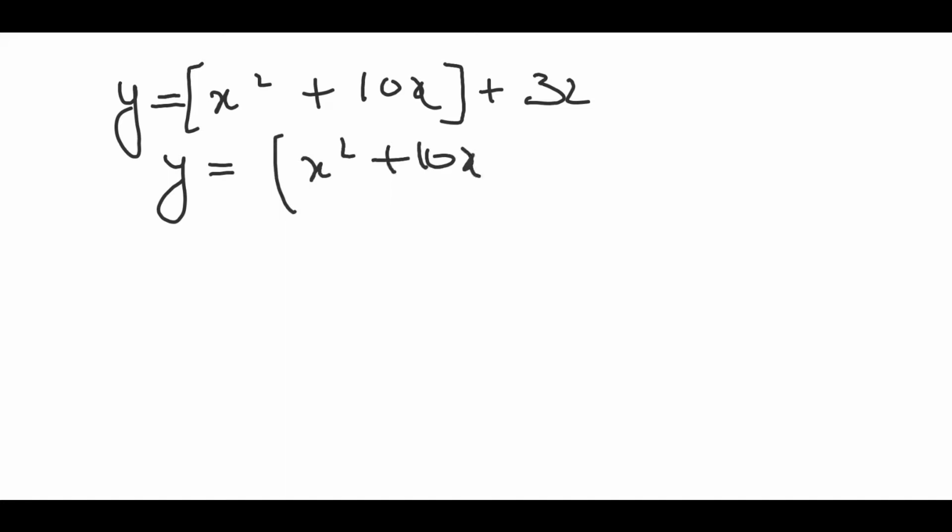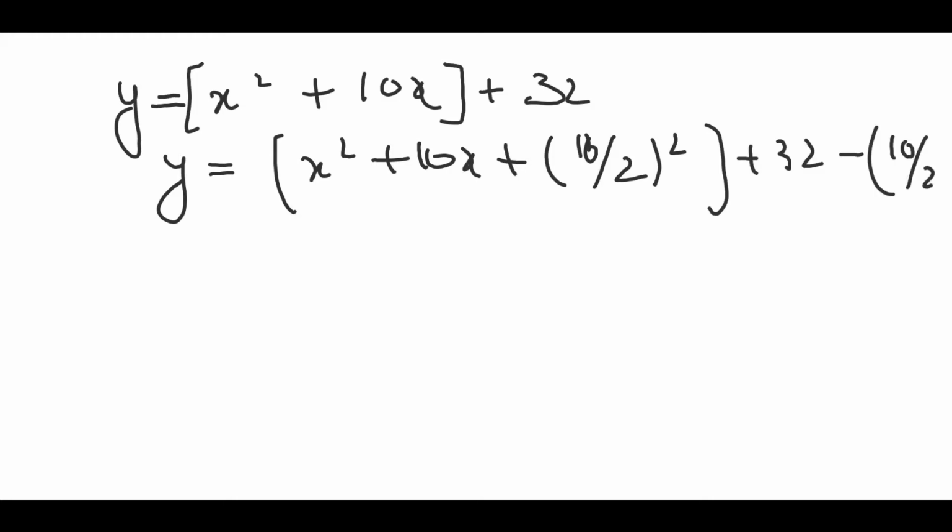We write the first two terms as they are, and then we add half the coefficient of x squared. And then we write plus 32, and then we subtract half the coefficient of x squared. So this was our first step, and this was our second step.